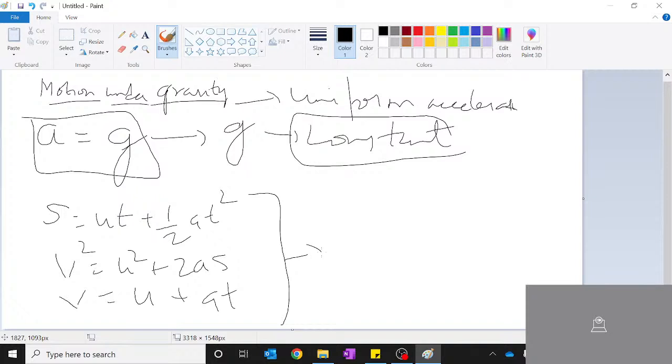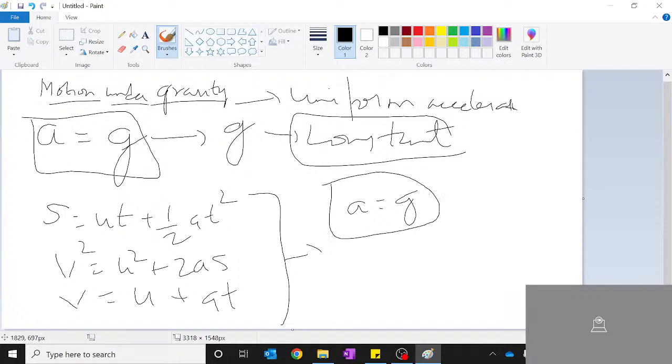Now, here a is nothing but g, because gravity is constant, the uniform acceleration. This is one classic case of that. All you have to do is replace a with g. Clear? Understand?